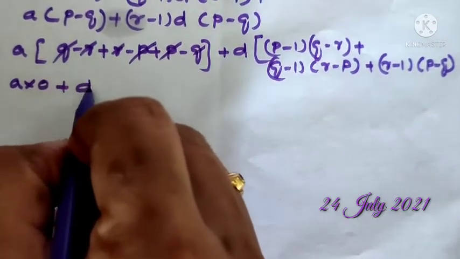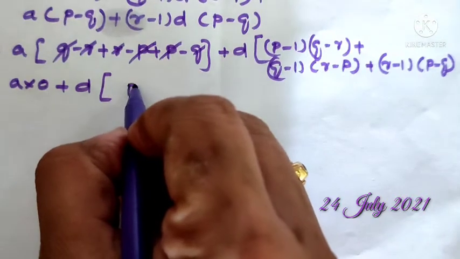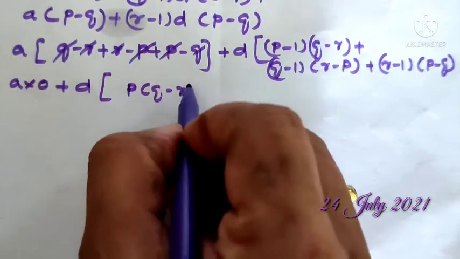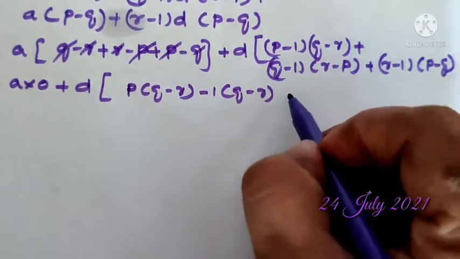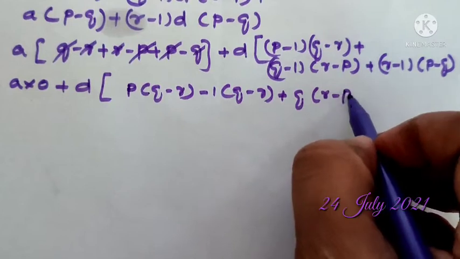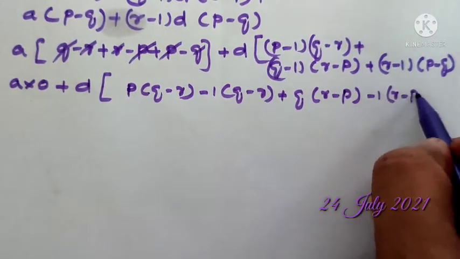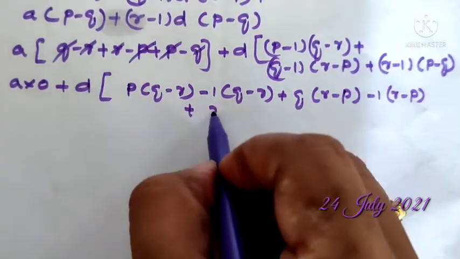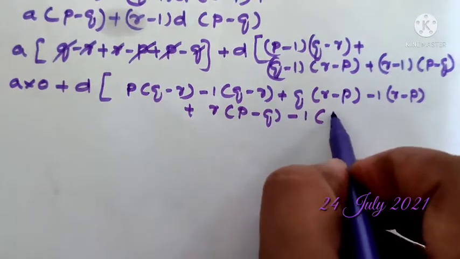plus D into, we are multiplying with this, p into q minus r minus 1 into q minus r plus q into r minus p minus 1 into r minus p plus r into p minus q minus 1 into p minus q.